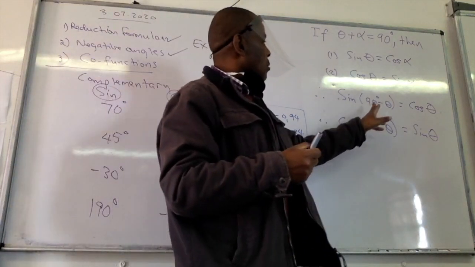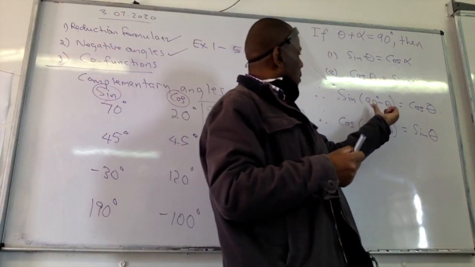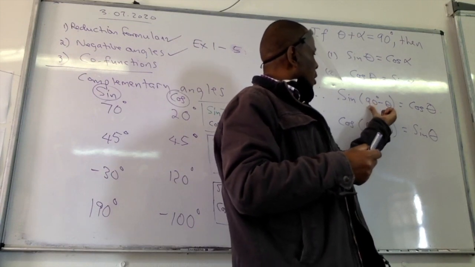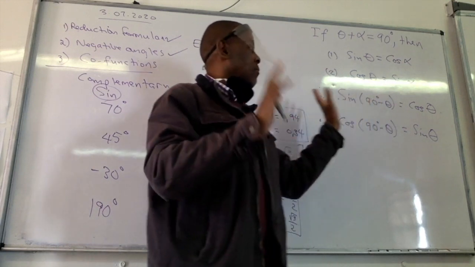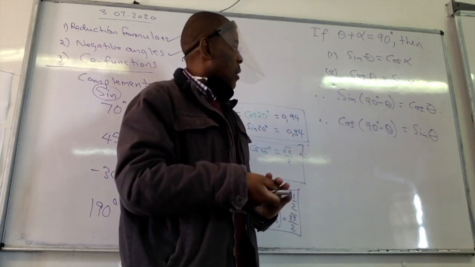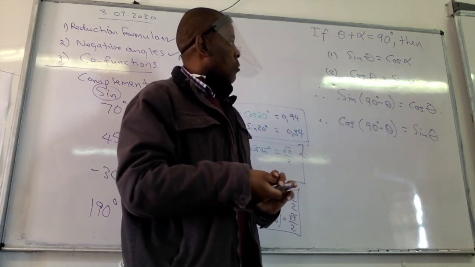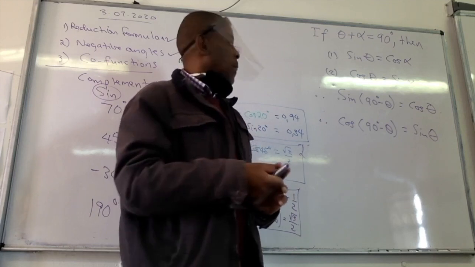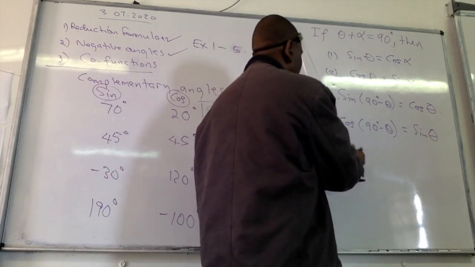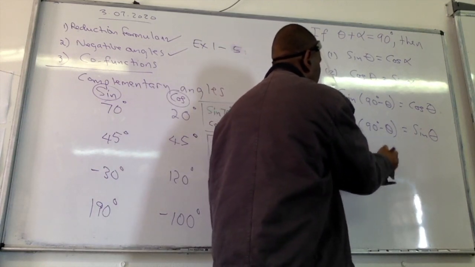So the sine of an angle should be equal to the cosine of 90 subtract the angle. That is the same thing. Okay, do you think you'll remember this? Yes. Okay.